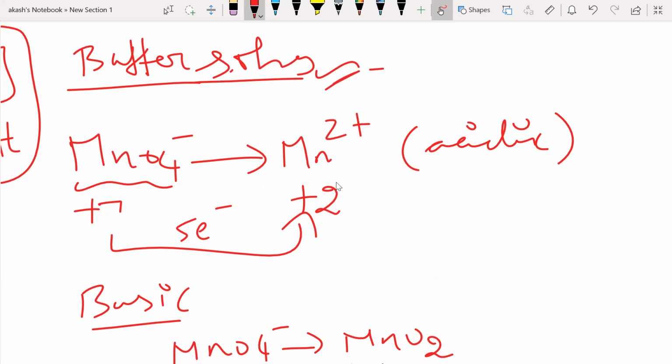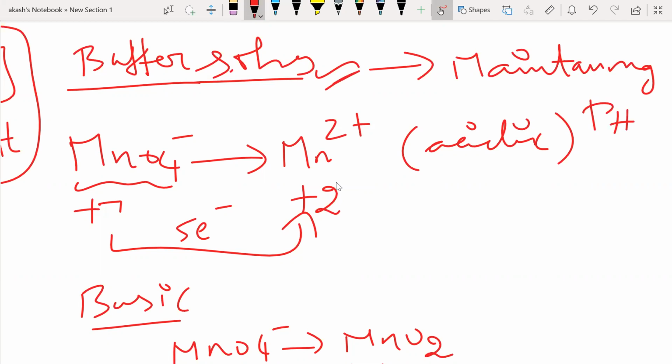So that time we have to use these kind of buffer solutions. These buffer solutions are going to help us in controlling the pH, or in other words, I can say maintaining a pH. Maintaining pH is going to maintain one constant value of pH. pH of what, right?